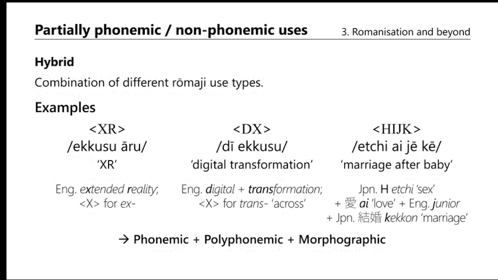We find examples of hybrid cases, combinations of different Rōmaji use types. Not going into details, but as we saw, there can be phonemic mapping or polyphonemic or morphographic mappings combined together to form different combinations of mappings.